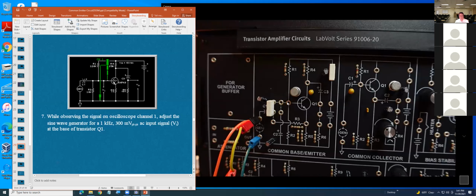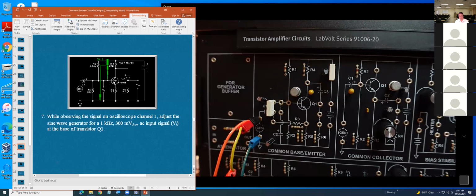That means the current IB goes this way. Current IC going down, current IE going down. The power supply must be positive 15 volts.